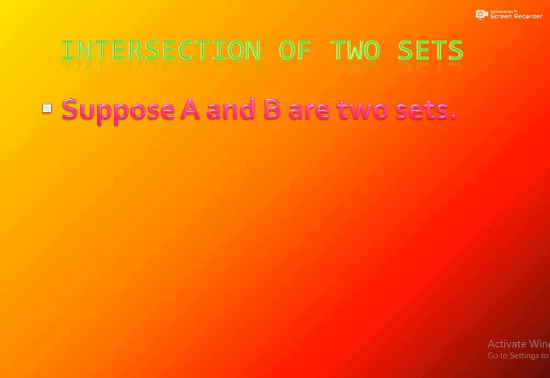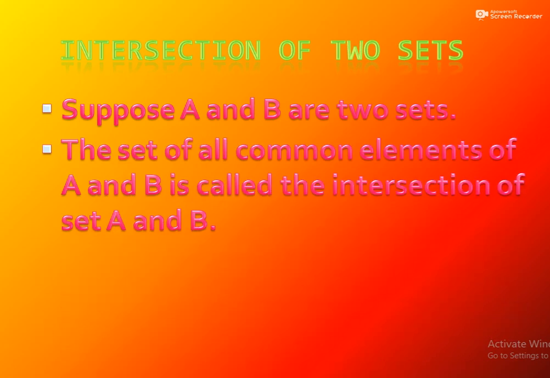So students, suppose A and B are two sets. The set of all common elements of sets A and B is called the intersection of set A and set B. That means we have to check the common elements of sets A and B, and write down all those common elements only once in another set.